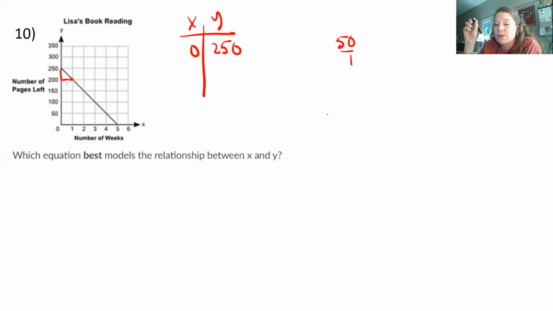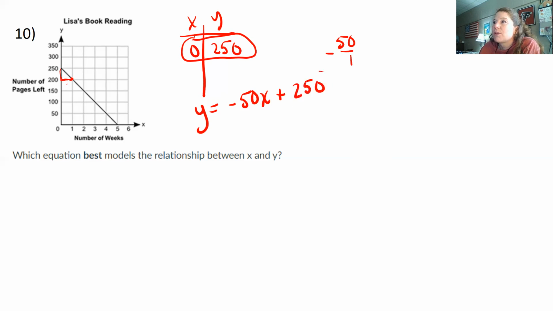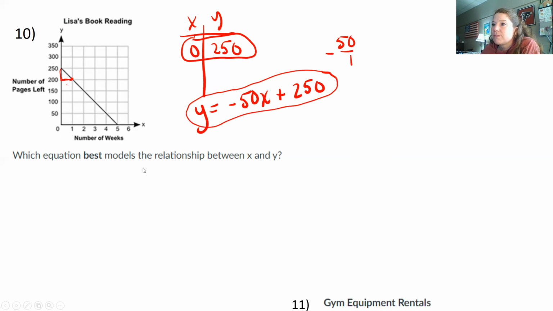Is it going up to the right or down to the right? Since it's going down to the right, it's actually negative 50. So our slope is negative 50 times x, and we know that when x is 0, y is positive 250. But before I even look at the multiple choices, I know what the answer is.